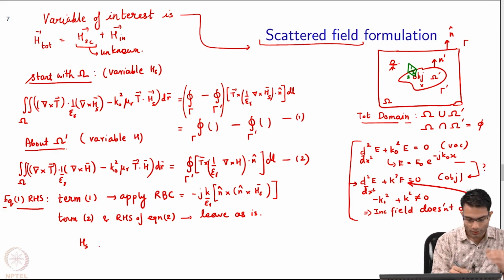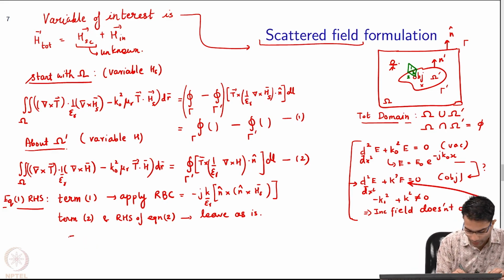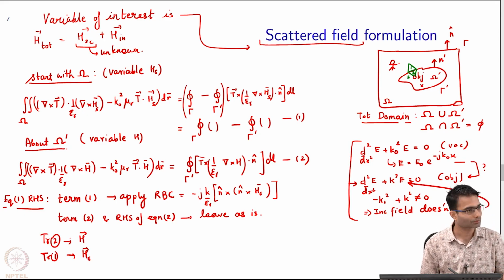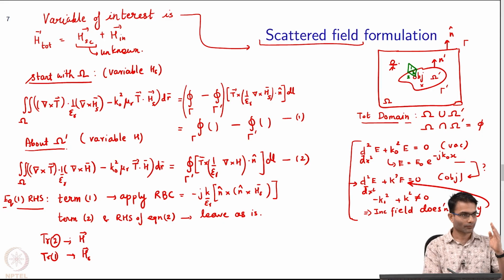Incident field, right? So if I look at it like this, in triangle 2 the variable is H, in triangle 1 the variable is Hs. But we know that at the boundary, the difference between the two is simply the incident field.